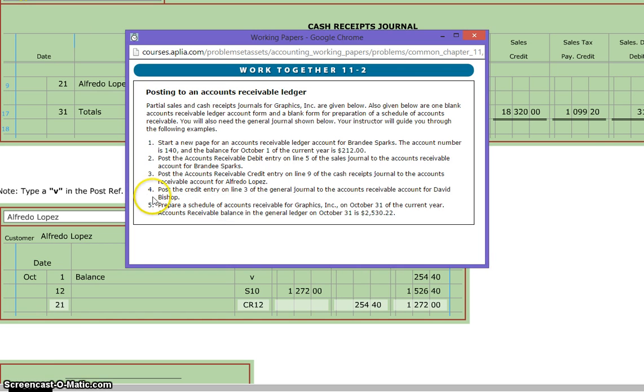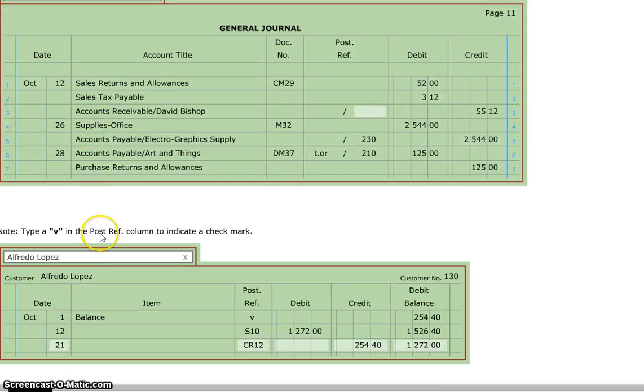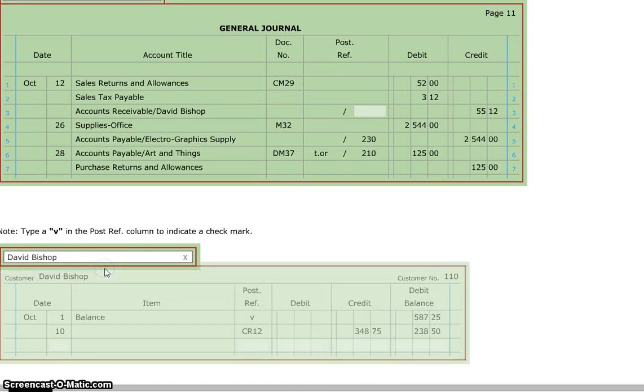On to instruction 4, post the credit entry on line 3 of the general journal to the accounts receivable for David Bishop. So we're going to open general journal and David Bishop. So here we're looking at line 3, accounts receivable David Bishop. Remember, we have that slash.